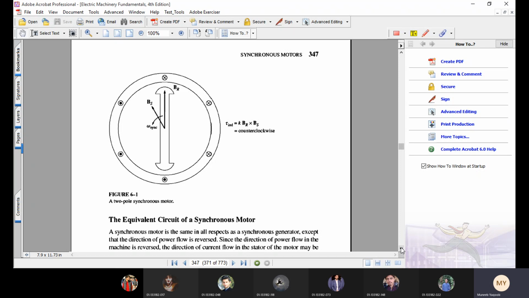What are the different names of starting techniques? For example, for single-phase induction motors: number one, the single-phase capacitor start motor. Number two, the single-phase repulsion motor that starts on the principle of repulsion. Number three, the shaded pole motor that starts with the help of its shaded poles. So there are a lot of techniques that convert a single-phase motor into a two-phase motor, and hence the motor gets started.